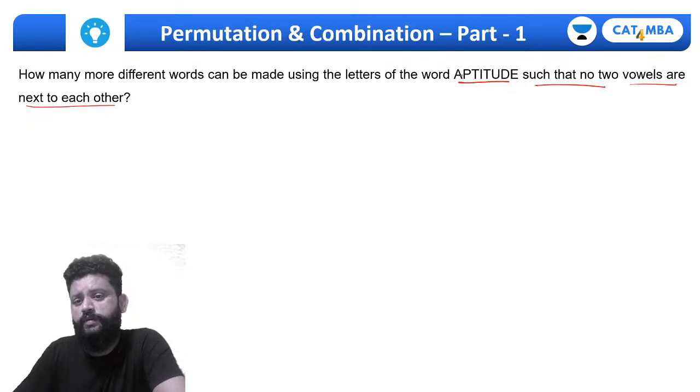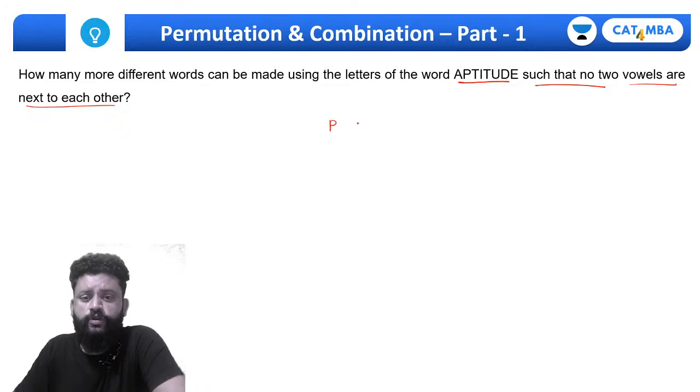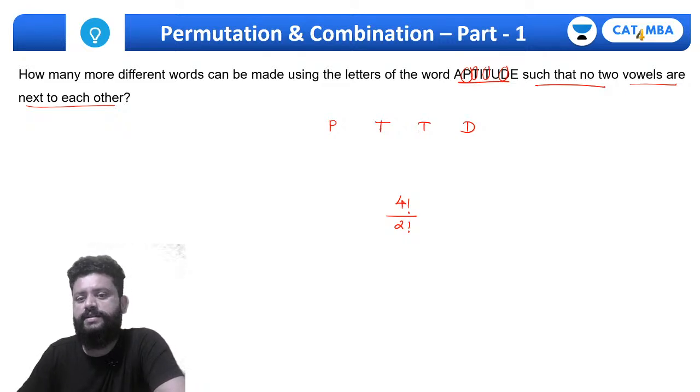So how many consonants do we have? Consonants can be together, so we'll just put the consonants first. We do have P, T, T, D. And now we can arrange these 4 consonants in 4 factorial divided by 2 factorial ways. 4 things out of which 2 are same.